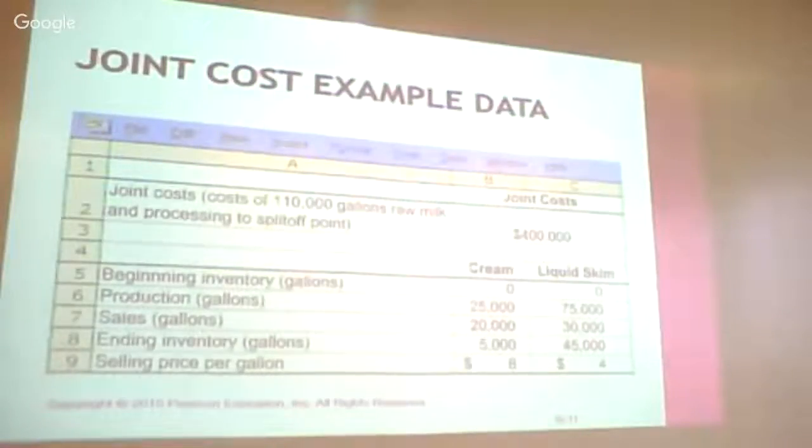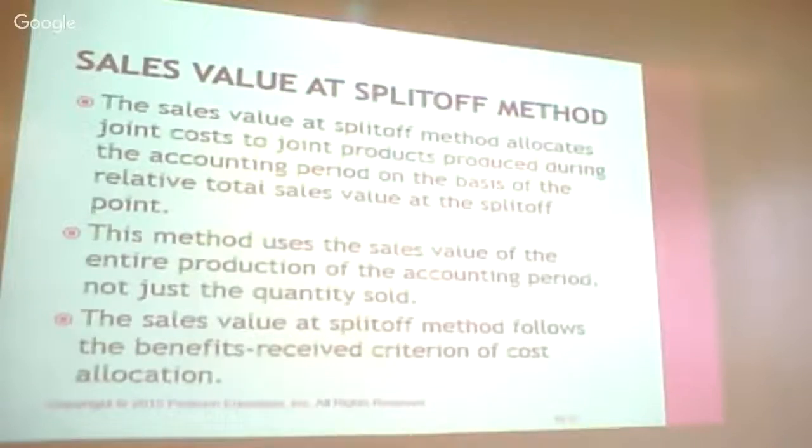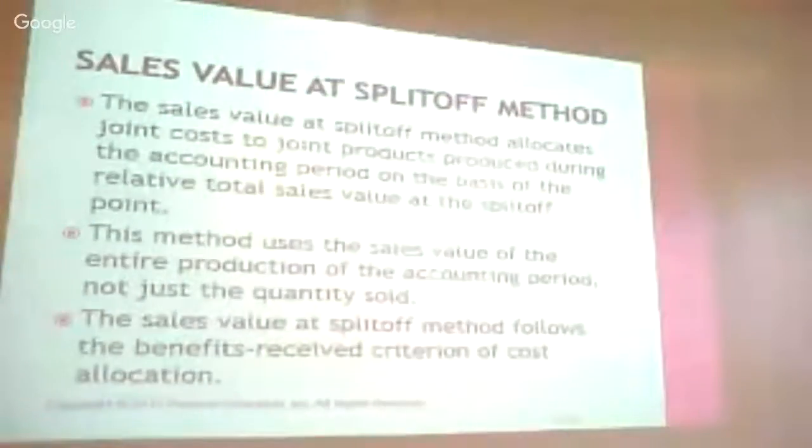Now, sales value at the split-off point. So we're going to be doing that part of it. The sales value at split-off method allocates joint costs to joint products produced during the accounting period on the basis of the relative total sales value at the split-off point. So we're going to deal with the sales value, which was 8 and 4, right? 8 for cream and 4 for skim.